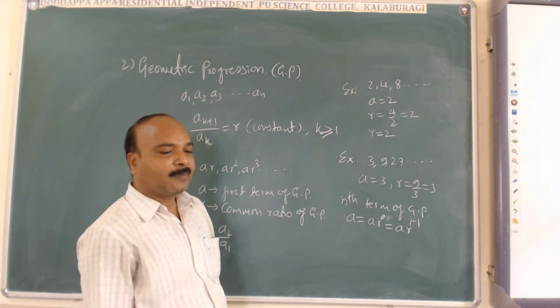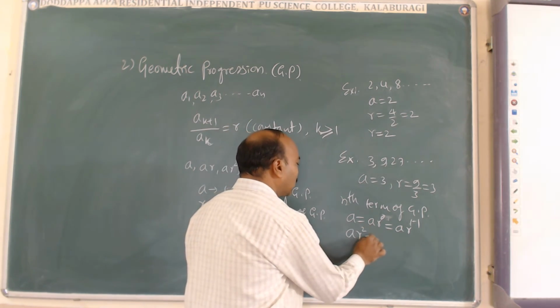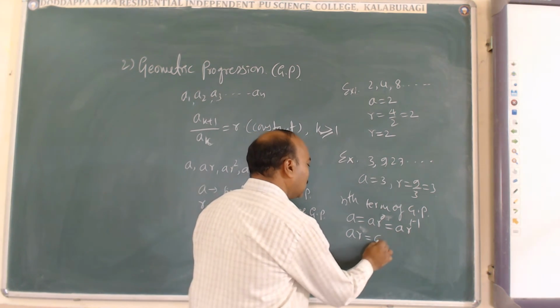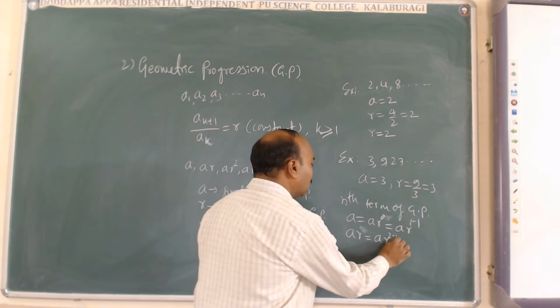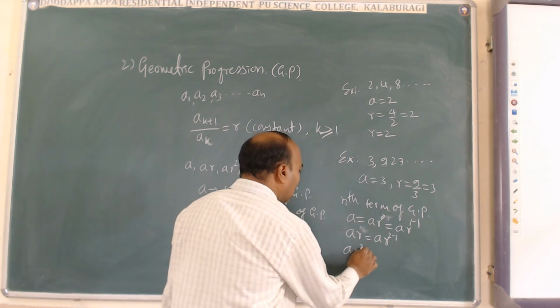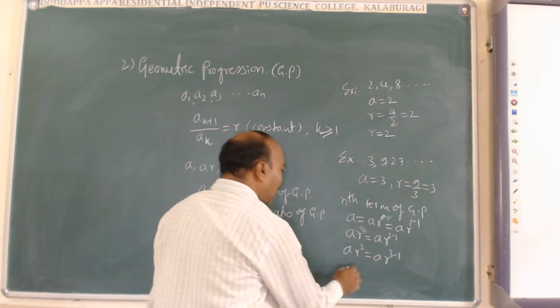It is the first term of the GP. Next the second term, ar, written as a into r raised to 2 minus 1. Now the third term, ar square, written as a r raised to 3 minus 1, and so on.